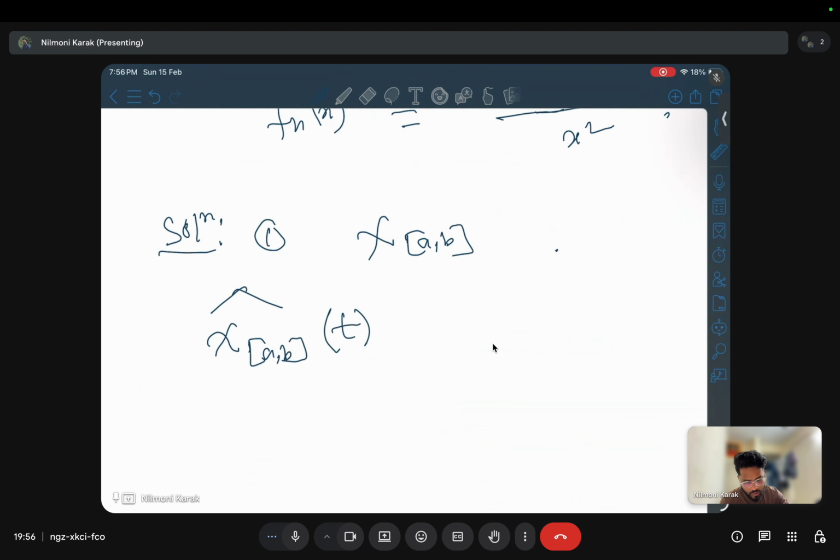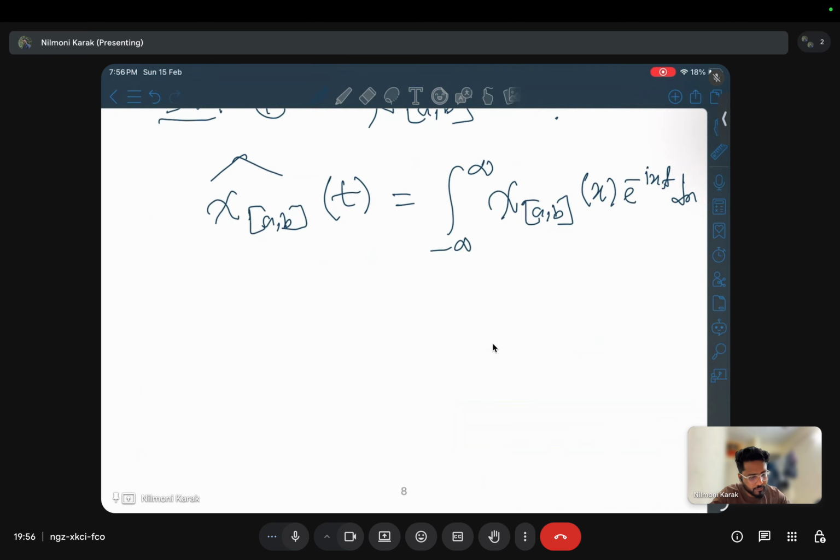The Fourier transform at t is the integral from minus infinity to infinity of chi a b of x e to the power minus ixt dx, and you know the definition of this. In the interval, this takes one, and outside the interval, it takes zero.